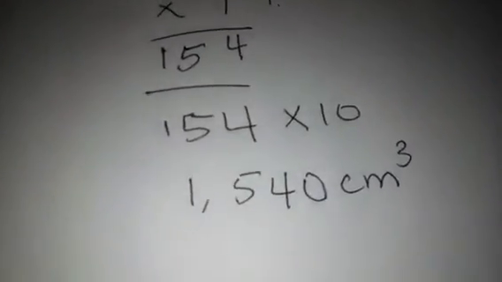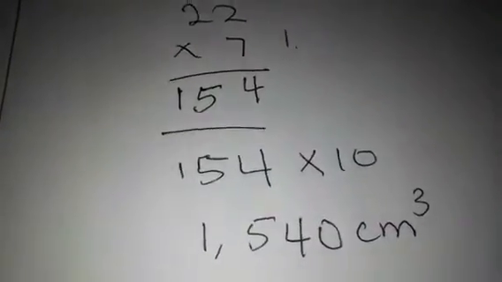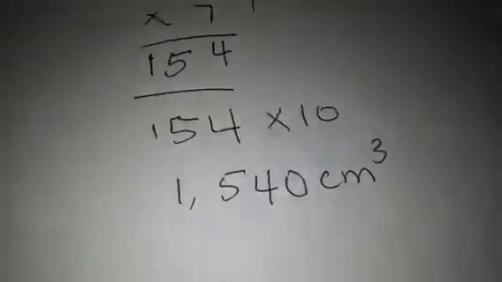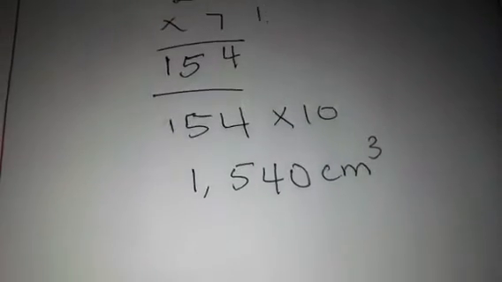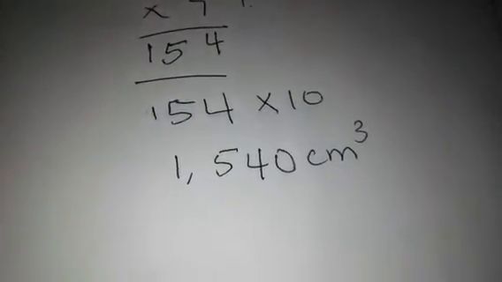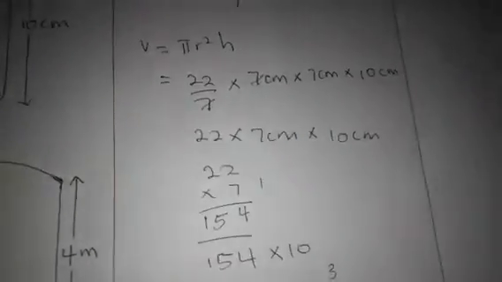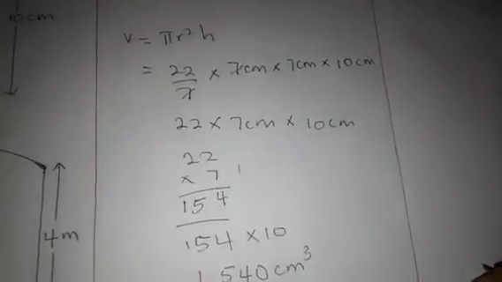Please do not forget that the unit should be in cubic centimeters. So our answer for the first example is 1,540 centimeters cube. This is the solution for the first example.